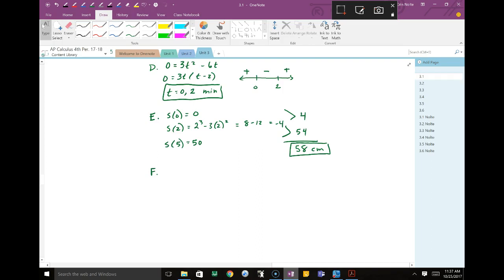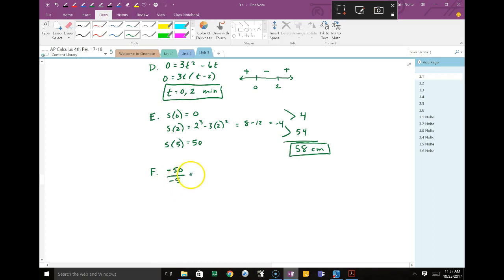Okay, I haven't read F yet. Find the particle's average velocity between 0 and 5. I feel like we found displacement already, didn't we? We did, right? The displacement between 0 and 5, that was from A. It was negative 50.